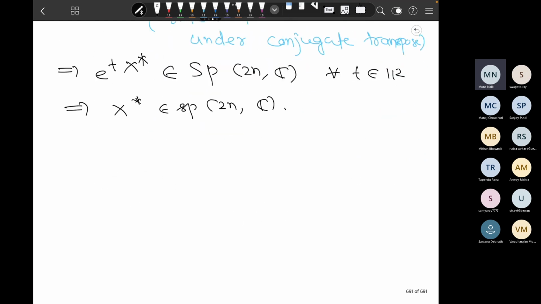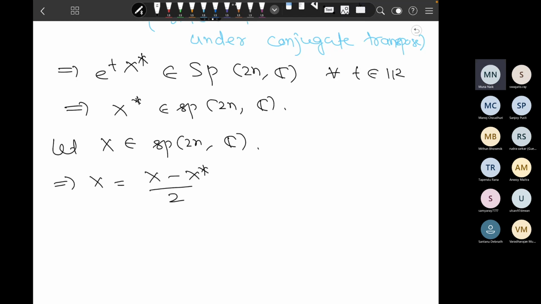Now let X belong to small sp(2n,C). This implies you can write X equal to (X minus X star)/2 plus i times (X plus X star)/2i.